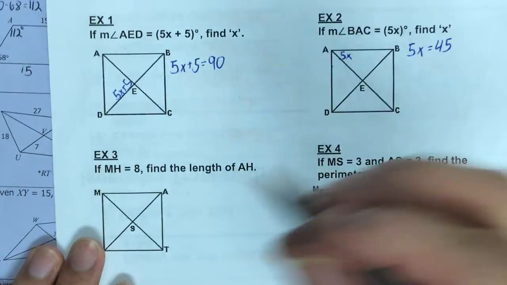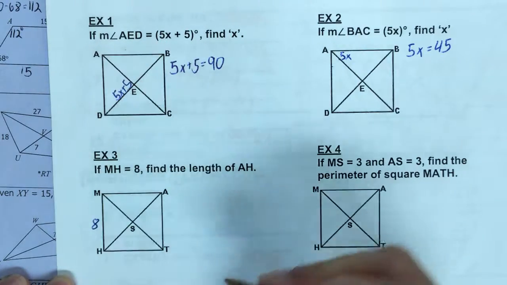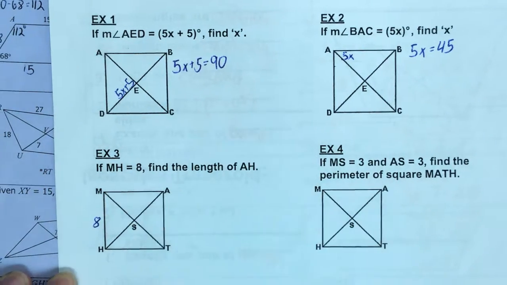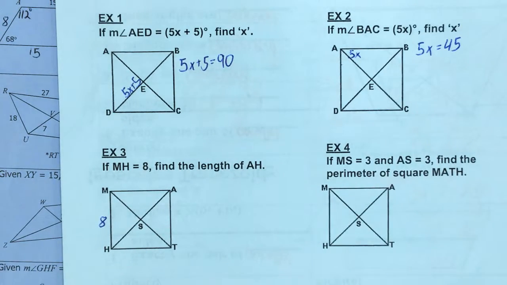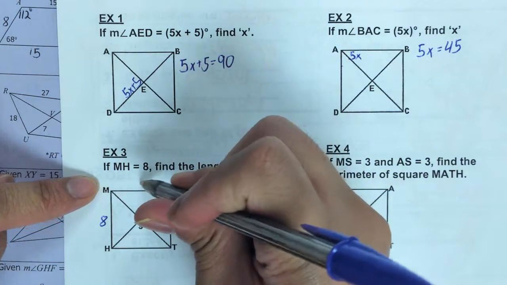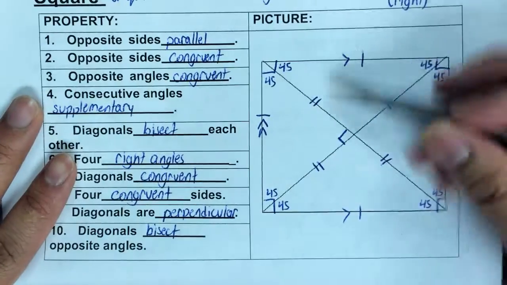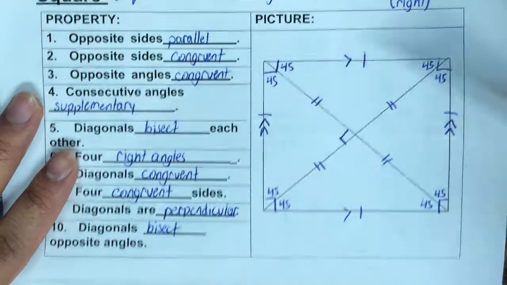Example 3. MH is 8. Find AH. This one's a bit trickier. Let's walk through our properties. We know MH is 8. We know MA is also 8. Left side congruent with the top side. Really, all 4 sides are 8.